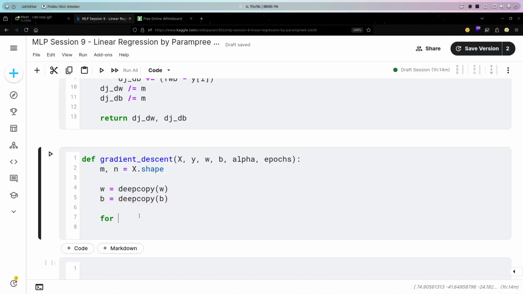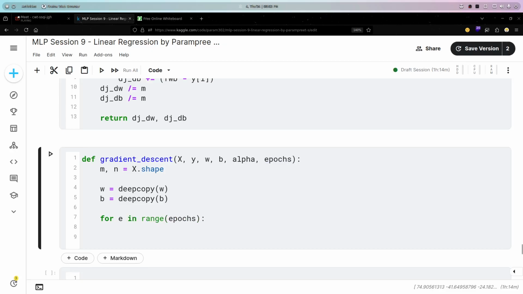Now if I run it for i in range, I basically have to run it, not for the number of examples, but directly for the total number of epochs. So I'll simply write for e in range epochs. For each of the epochs I'll compute the f of x, which is linear regression, and I'll pass x, w, b.